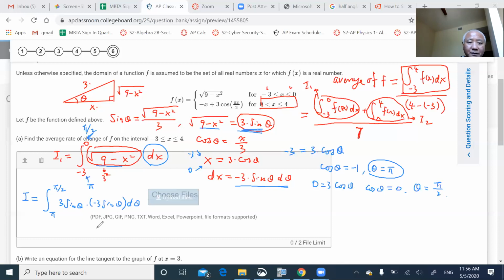So right now I changed the boundary and also the variable, and the integrand is always related to theta.